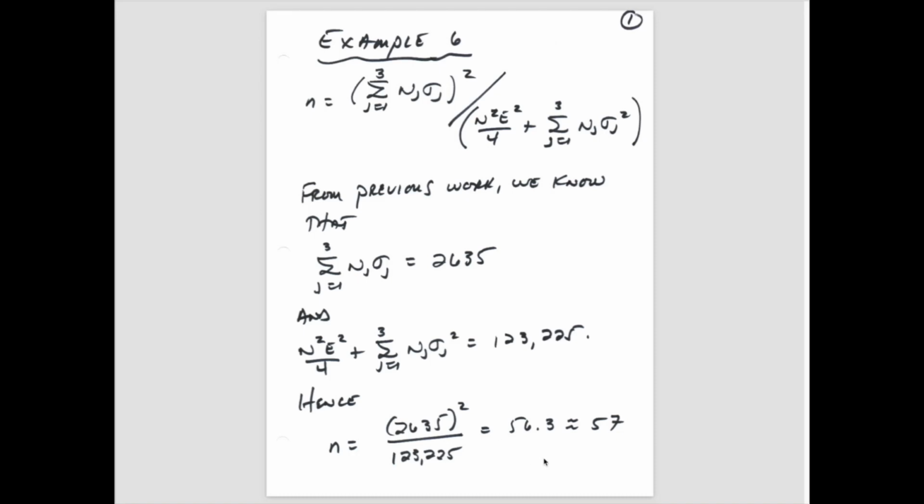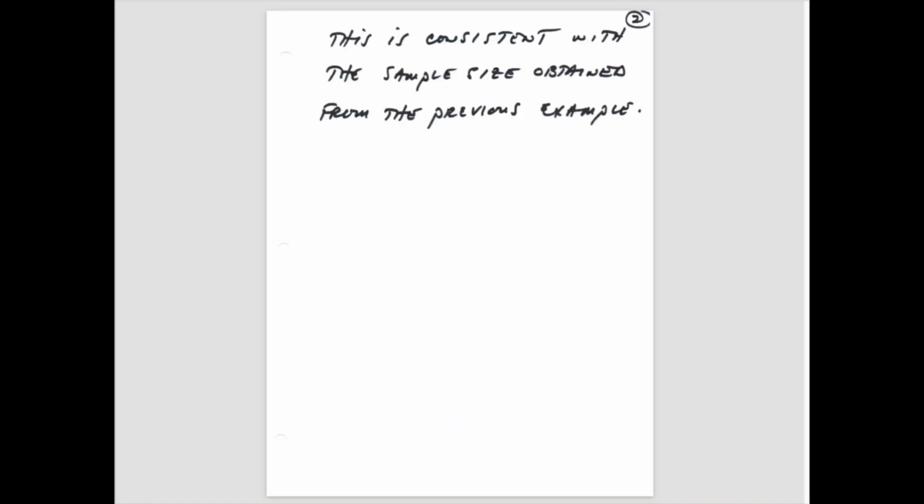And we see that we get the exact same value that we got previously, 56.3, which we could bump up to the next integer of 57. And so this is consistent with the sample size obtained from the previous example. Okay, and so we see that we've got really two directions that we can come at this from.